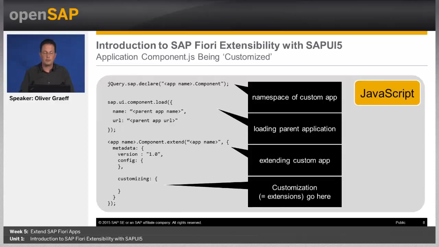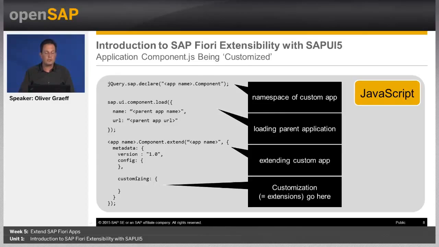So let's look at that a bit more in detail. You can see here the component.js file. At the top, you see the declare statement where the component of the custom application is being declared. You can see here the load of the parent application, because we need that to execute the extension project. And in the lower section here, you can see the extensions.